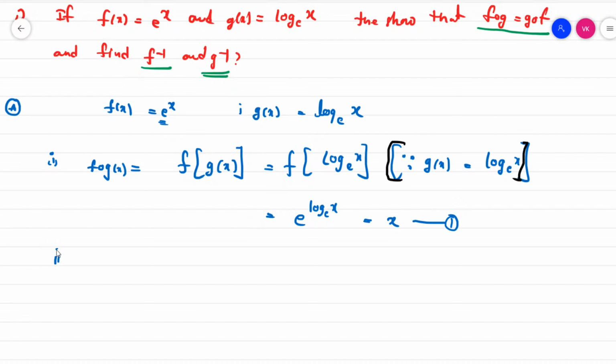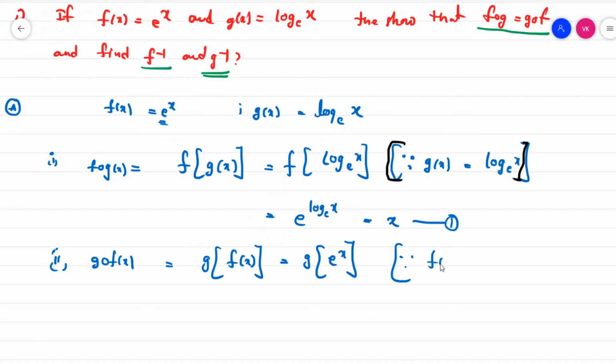Now go for the second form, that is g circle f of x. We can write it as g of f of x. Since f of x is equal to e power of x, we can write g of e power of x. Now g of e power of x means log base e of e power of x.